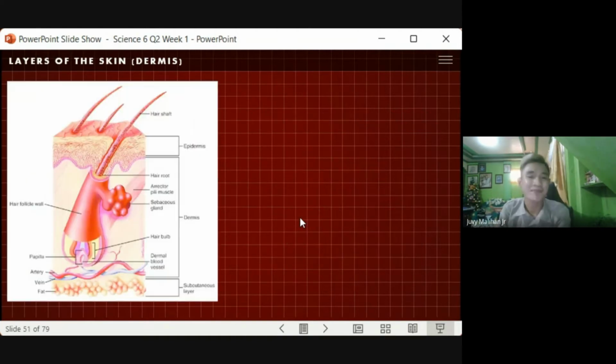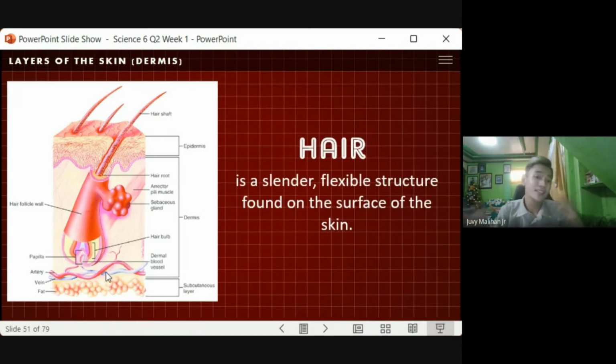sebum. Now class, look at this picture. Hair follicle can also be found in the dermis layer. Now, what is hair? When we say hair, it is a slender, flexible structure found on the surface of the skin. Now, I have a question, class. Natatakpan ba ng mga buhok ang lahat ng katawan natin?